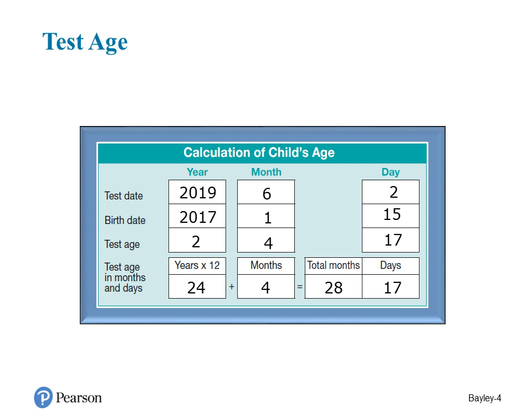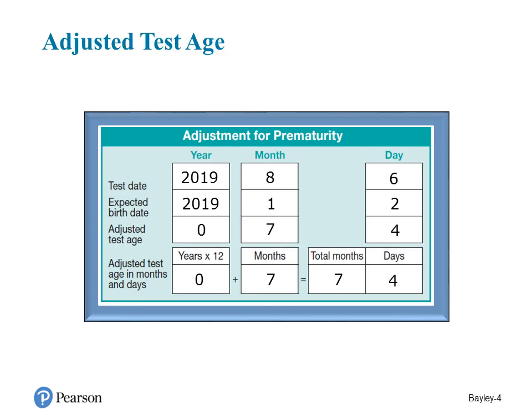The calculation of the test age is the same as it was before. Subtract the date of birth from the date of testing and make sure that you express the child's age in months and days. So you'll be converting age in years and months and days to months and days. What is a little different is the calculation of the adjusted test age. So the adjusted test age on Bayley-4 is calculated by identifying the child's expected date of birth and then subtracting the expected date of birth from the test date.